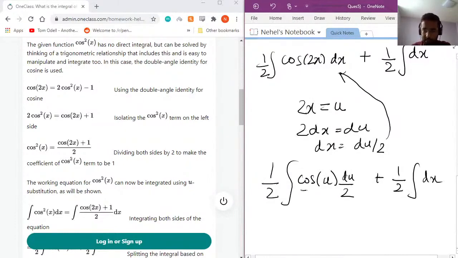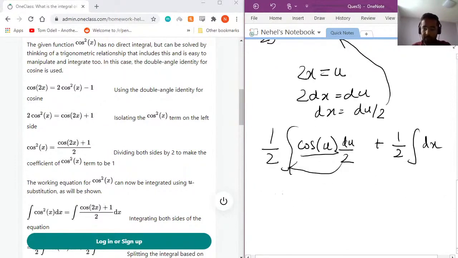So now this is in a standard form. We should not have any problem integrating it, and again the 2 can come out of the integral as well if you want. So our final answer here becomes 1 over 4 integral of cos u, which is sin u, plus 1 over 2, and the integral of dx is just x itself.